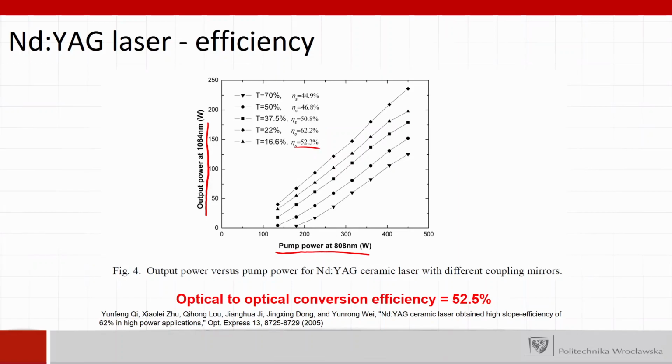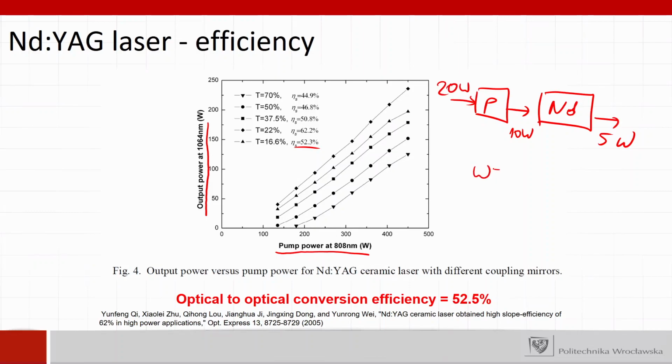It's a quite high efficiency, but you need to remember that 50% means, so we have our neodymium crystal and we have our pump. So it means that if I launch, let's say 10 watts to the crystal, I will get 5 watts at the output of my neodymium laser, but I need to deliver at least 20 watts to my pumping laser.